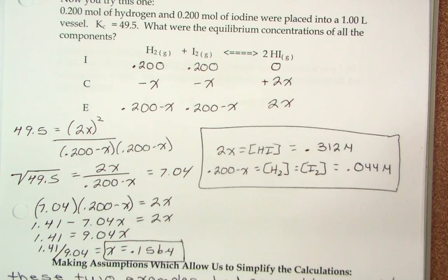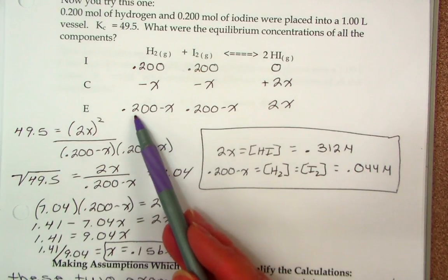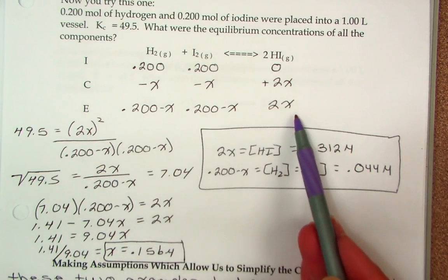For me, it's easier to use x, x, and 2x because when you get to some weird problems where you have 4, 3, 7 as the coefficients, you don't want 1/4 of an x and 3/7 of x and things like that. So it's just easier to go with whole numbers in my opinion. Then at equilibrium, we get 0.2 minus x and 2x.